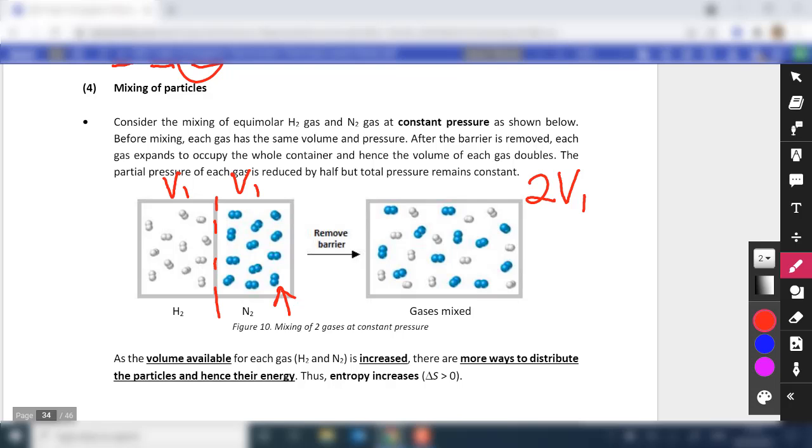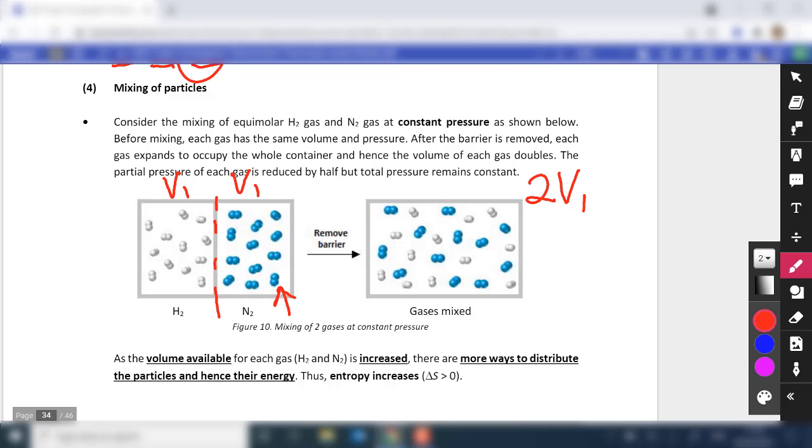At the same time, it has a fixed energy at a fixed temperature, remember the Maxwell-Boltzmann distribution curve. So for the fixed amount of energy, the system is able to have more ways for the distribution of this energy.